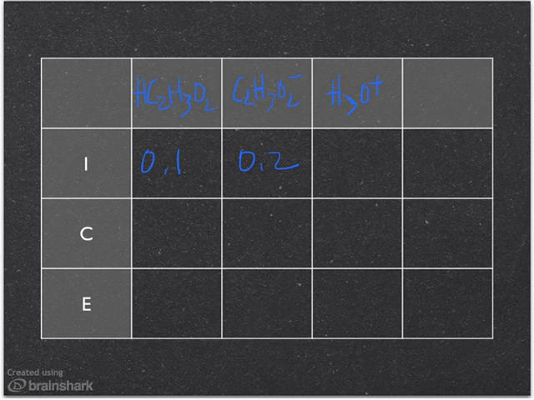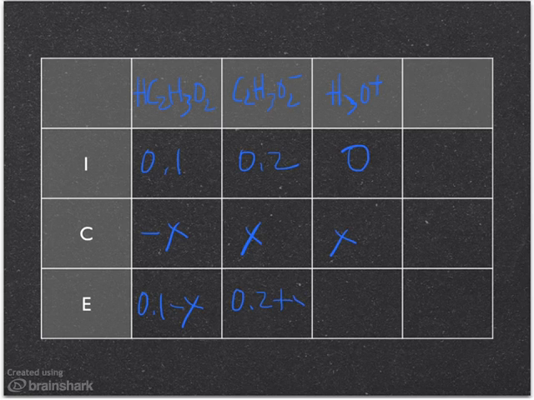And then for the H3O plus, just put 0 because we didn't have any of that yet. For the change you have negative x, positive x, positive x. And then if you do this out, you have 0.1 minus x, 0.2 plus x because it was a product, and then just x.